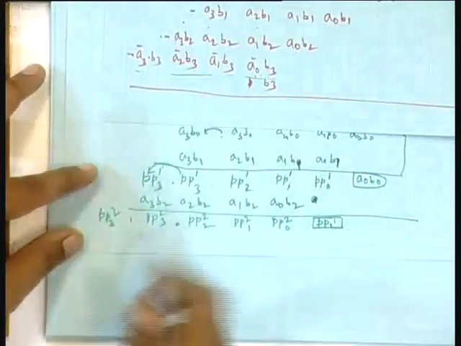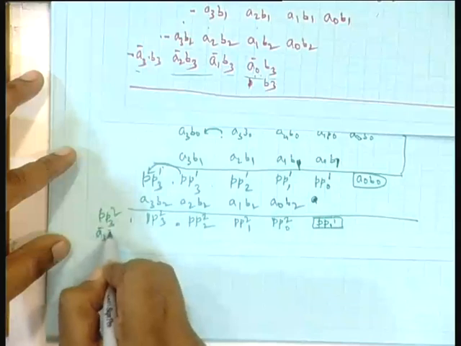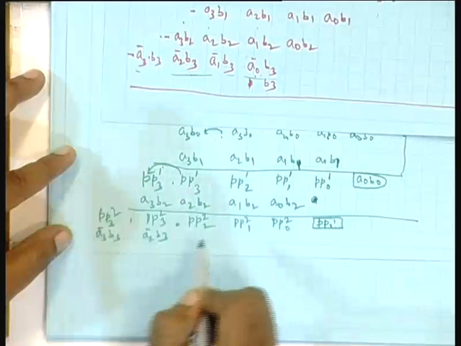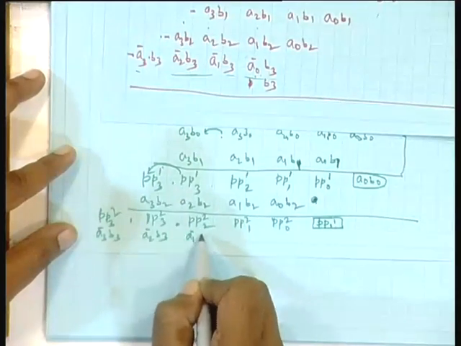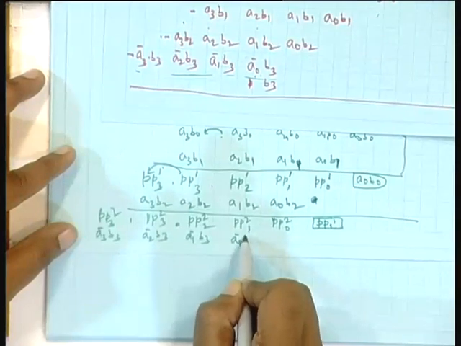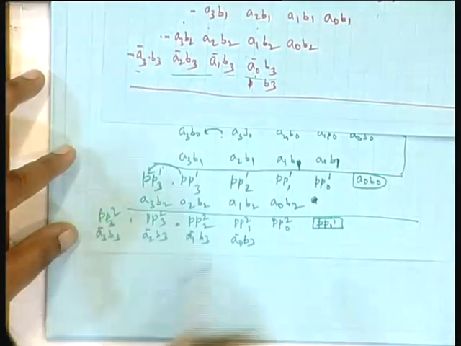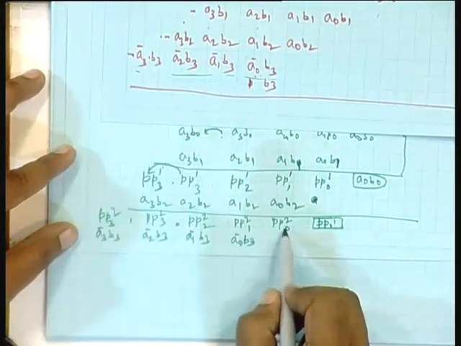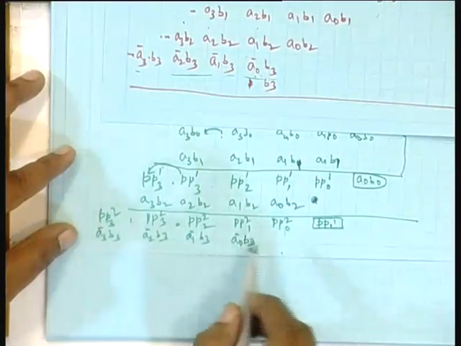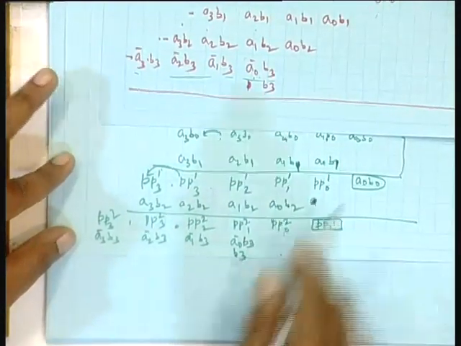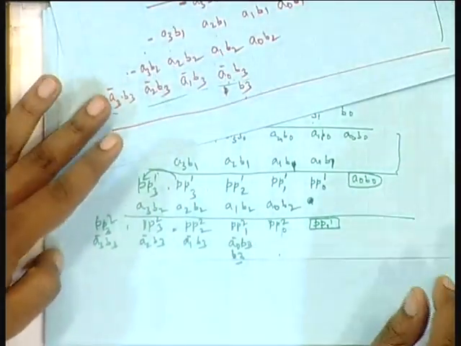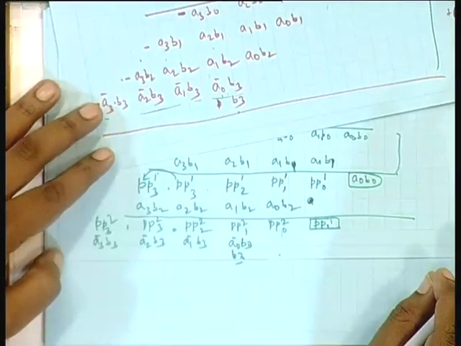So, A3 bar B3, A2 bar B3, okay. This will come down, again this will be truncated out. To this, here again you add B3 for this guy. That will be the final result. Okay.